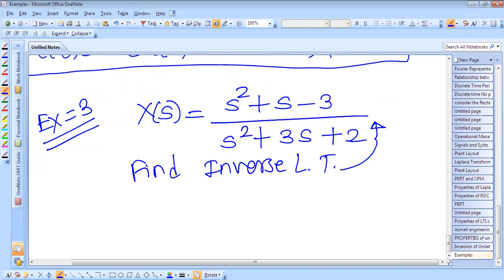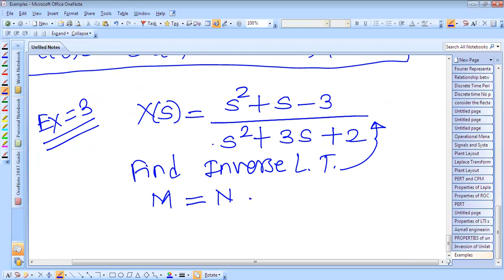But here we have to again check the order of the polynomials. This is the numerator polynomial and this is the denominator polynomial, so m and n. We can say m is equal to n, because the order of the numerator polynomial is 2, and the order of the denominator polynomial is also 2.